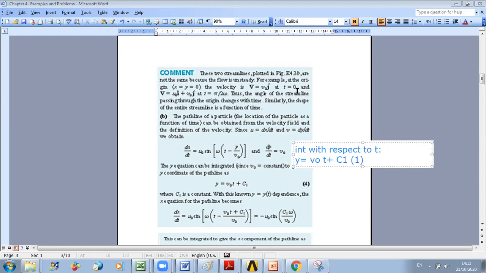Now I should substitute y by its expression in dx by dt, and then I can integrate with respect to time.